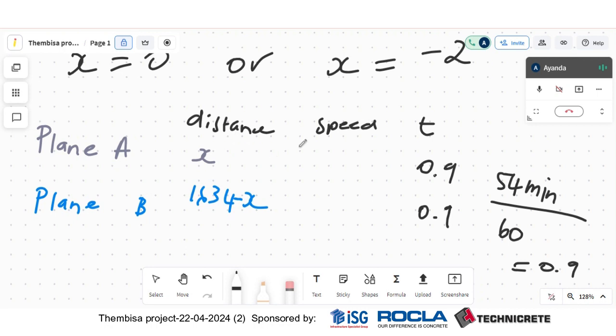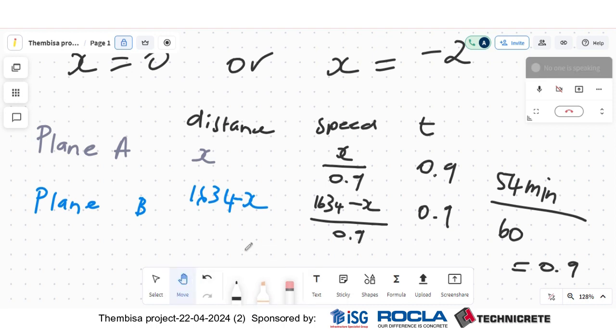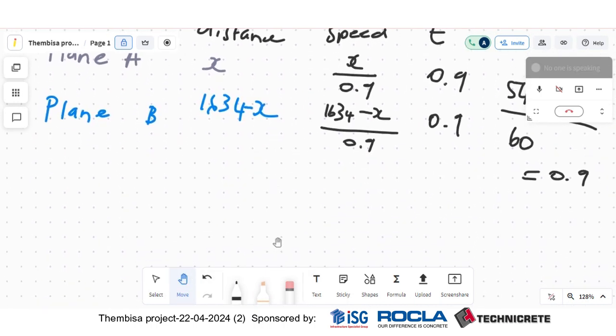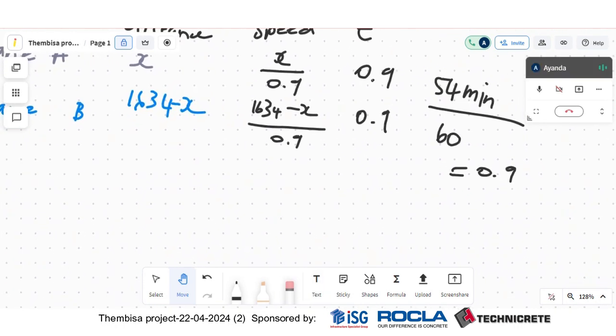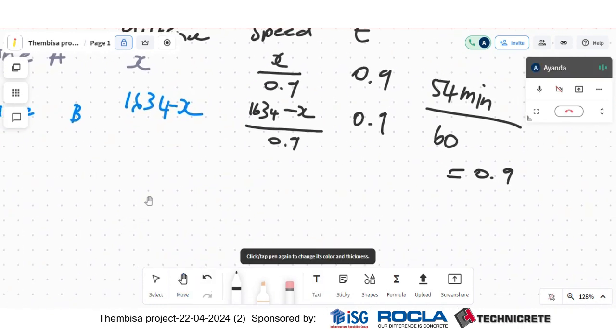So speed, we said, is distance over time. That would be x over 0.9 for plane A, and for plane B, that would be (1,634 minus x) over 0.9. Now we can create an equation from the variables that we have.